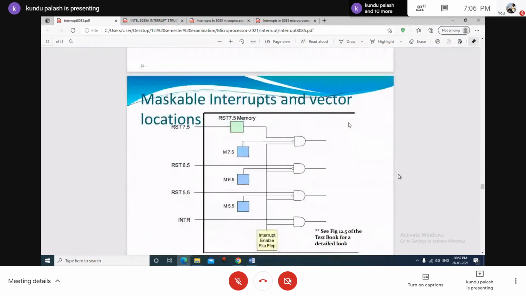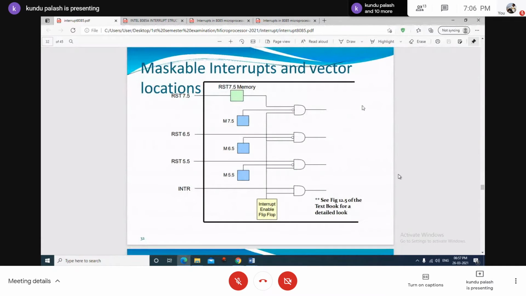And this is a very important diagram, the logic diagram of the maskable vector interrupt system. You can see this is an equivalent logic diagram which is on chip within the 8085 chip. These are coming from the external pins, and the mask register is a single bit register, so that if it is set to 1 or 0, it will block the 3 input AND gate.